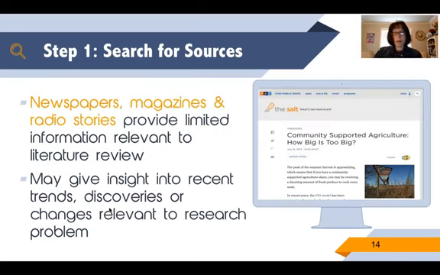I do want to give a word of caution. Newspapers, magazines, and radio stories can provide some limited information relevant to a literature review. And they can give some insight into the recent trends, discoveries, maybe changes that could be relevant to your research problem. And you might be able to cite them in your introduction or perhaps in the significance of why your problem is being studied.